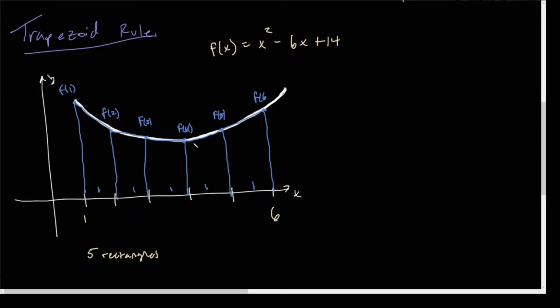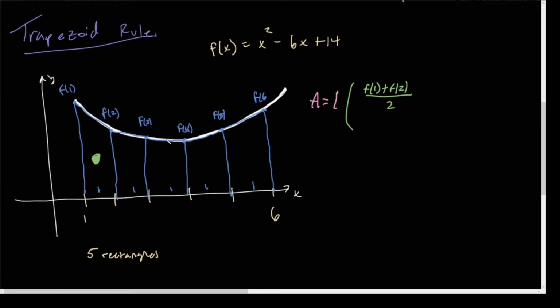So here 1 is my width for everything. So let's do rectangle 1. A is 1 times the average of my two heights, f of 1 plus f of 2 divided by 2, times the width. There it is, right?